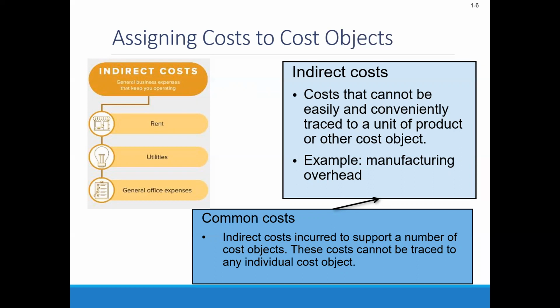That is a cost of making products, but it's not specifically assigned to a specific automobile. All of these indirect costs are still important and can create a lot of cost or expense, and they still need to be assigned somewhere, and we assign them to manufacturing overhead. Indirect costs can include rent, utilities, and general office expenses.